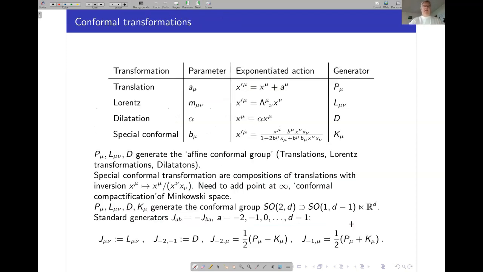Well, the parameter a mu parameterizes translations, and the corresponding generator is the momentum operator. Then this antisymmetric omega mu nu parameterizes, since we are in Minkowski signature, Lorentz transformations; in Euclidean signature it would be rotations. So these are the Lorentz generators. Then we have the scalar alpha, this is dilatations D. And then what is this extra stuff which has to do with these quadratic terms in the generating vector field?